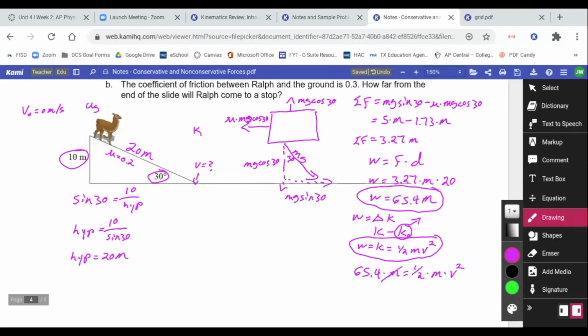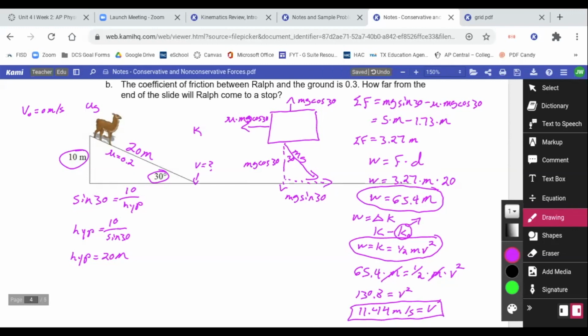The m's cancel out. If I multiply 65.4 times 2 to get rid of the half, I get 130.8 is equal to v squared. I'm going to square root that. I get 11.44 once I round. 11.44 meters per second is equal to my velocity at the bottom.